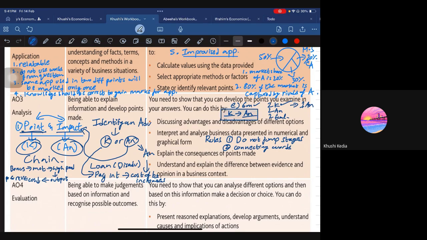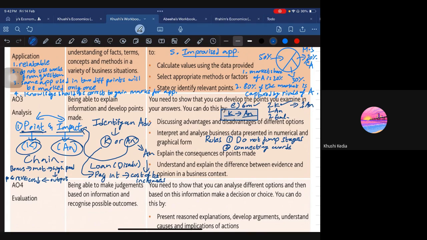Will he give you the mark for the knowledge first? No, because we already included both the knowledge points in the first part. Okay, very good. Now, is he going to give you any mark for the analysis? Maybe, because we are giving an analysis for one of the knowledge points we didn't give in the first paragraph.